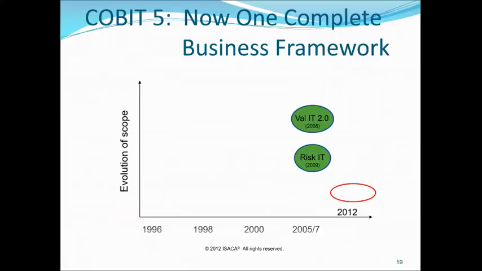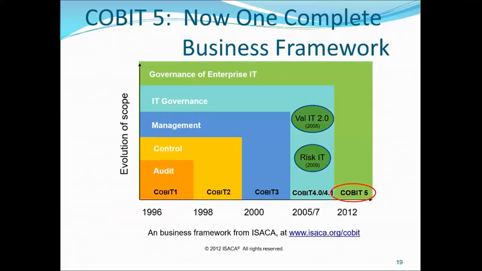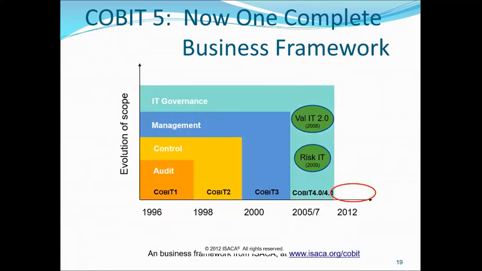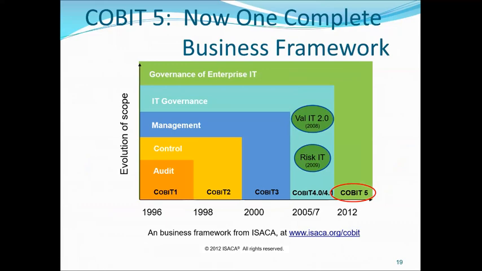Now let's look at the COBIT 5 framework. So let's come to the evolution of scope. COBIT 1 mainly looked at the audit, and COBIT 2 looked at the controls.